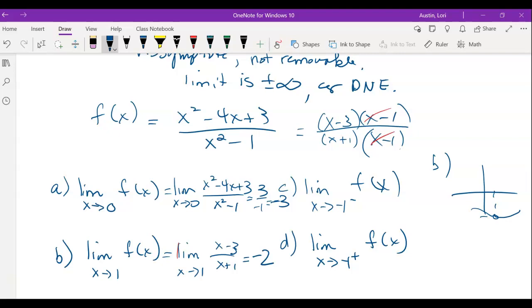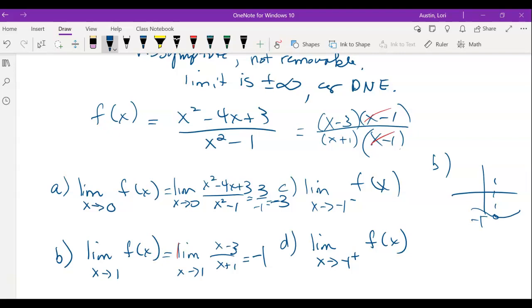Is it -1? I asked you guys like 5 times. Okay, no, it's -1. Gotta speak up. So yeah, at 1 we have a hole. That's the next part. All right. So that's your hole.